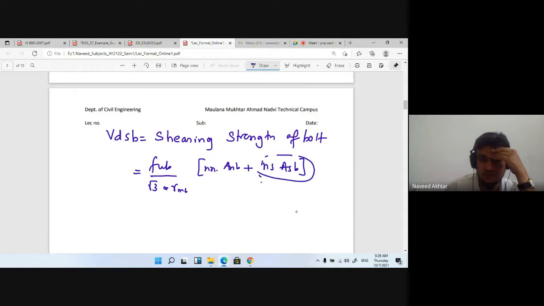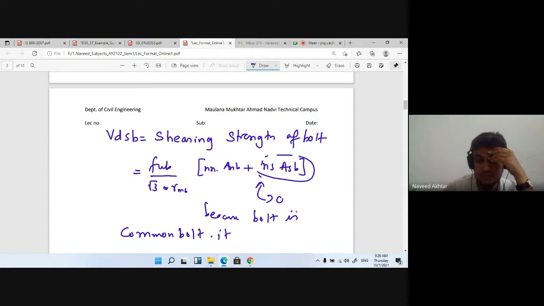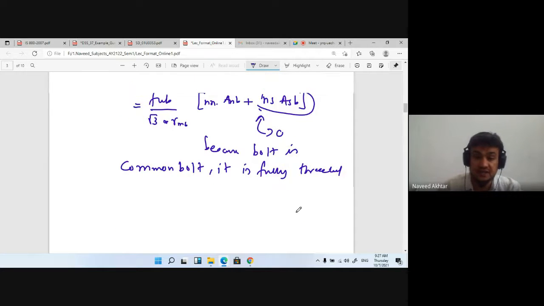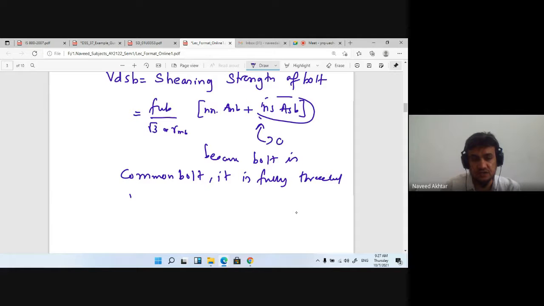Because this value will be zero, because the bolt is a common bolt. Common bolt means it is fully threaded. If there is no shank area, if the bolt is fully threaded, then the NS value will be zero, and that whole term will be zero.